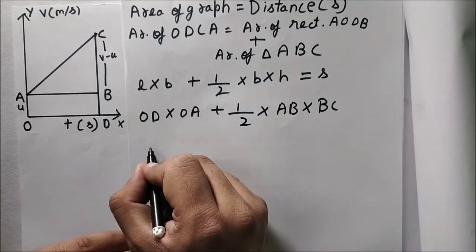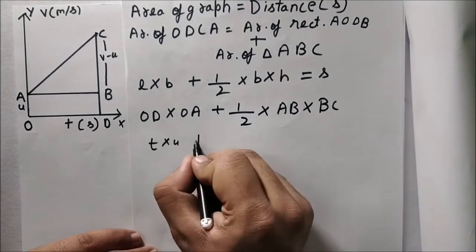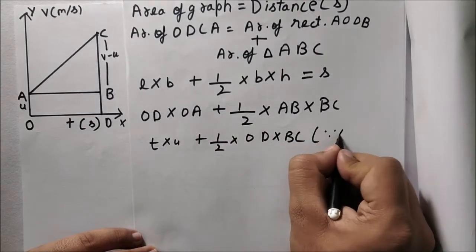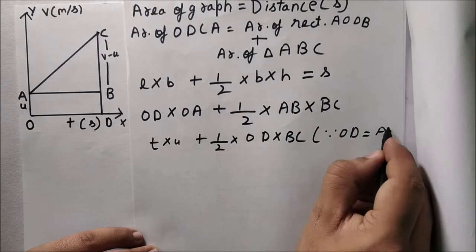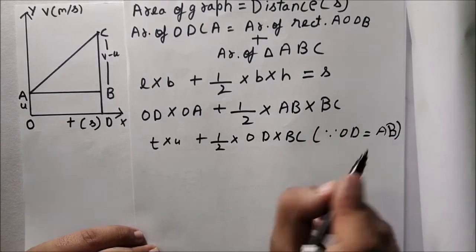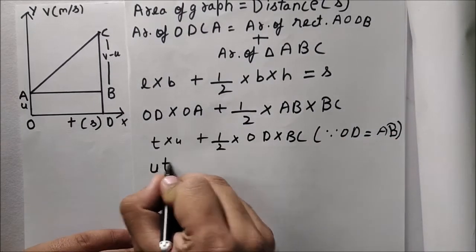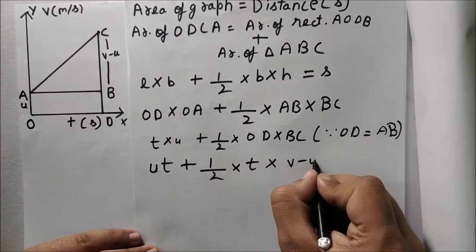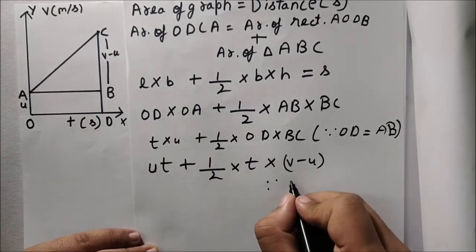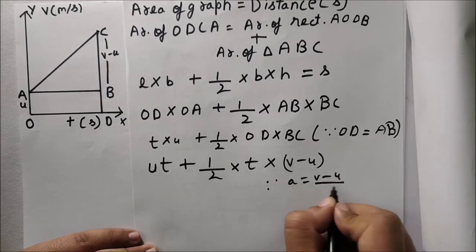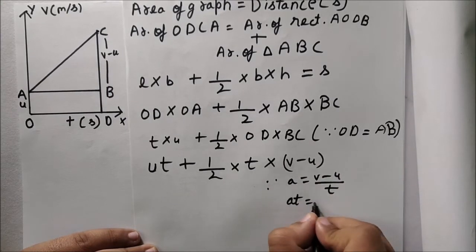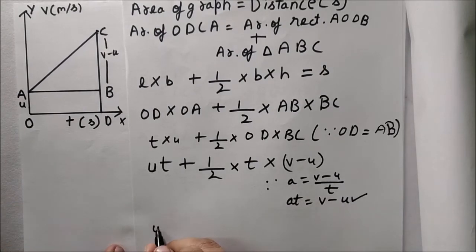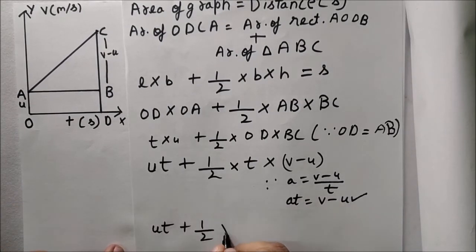As you know, OD is time and OA is U, that's the initial velocity. AB is equal to OD because it's parallel, and BC we know is V minus U. So let us put the values, that's UT plus half into T into V minus U. Now as we know that A equals V minus U upon T, so AT equals V minus U. So we can substitute V minus U by AT.